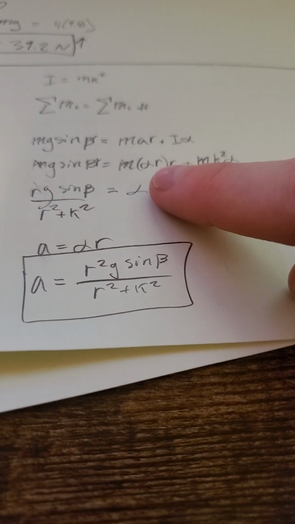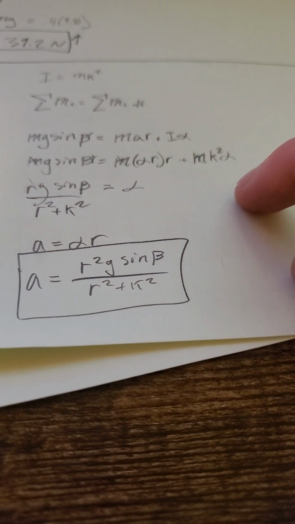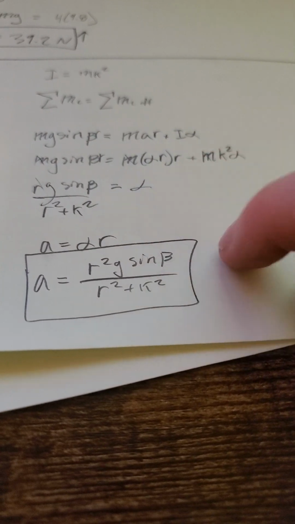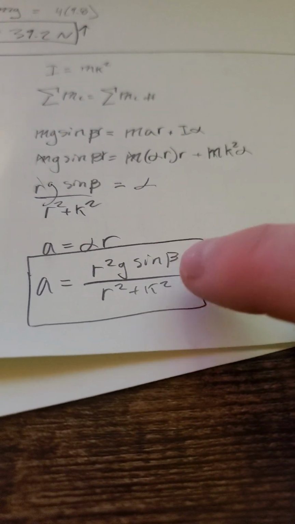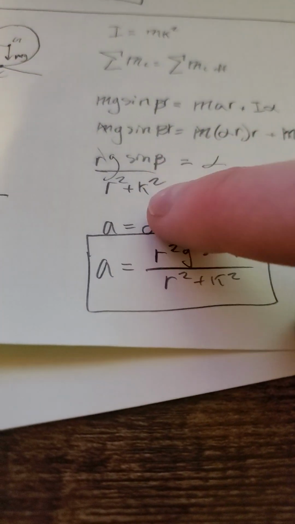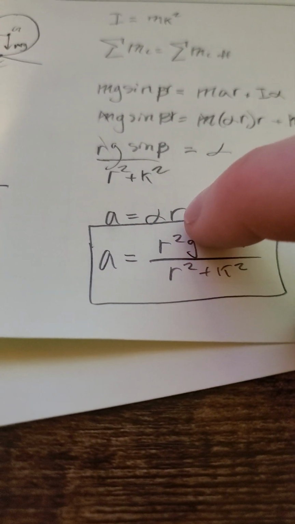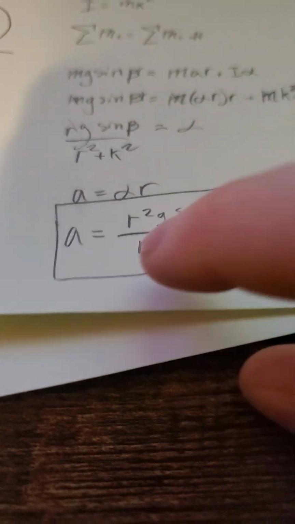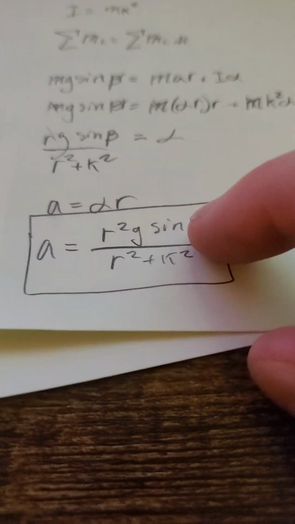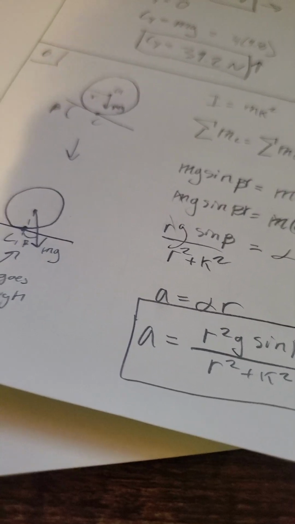Just combine these two, factor out the angular acceleration, and then divide it by whatever's left, which is r squared plus k squared. And then same thing again. We know acceleration is going to equal angular acceleration times radius, so we're just going to throw in another r there to give us the total acceleration.